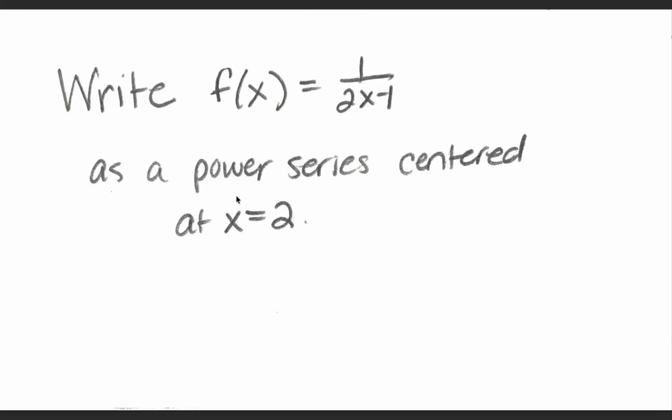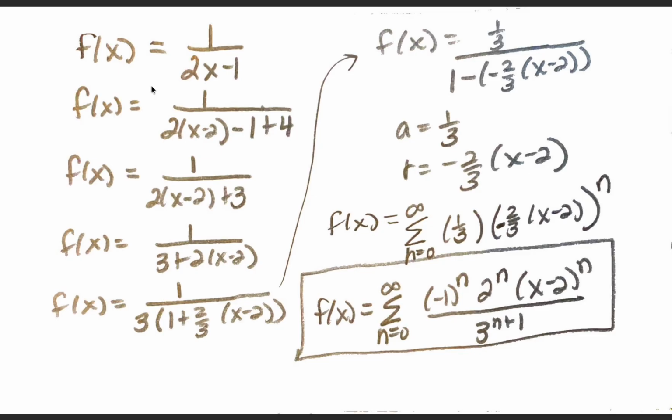Then let's take a look at this example. Write f of x equal to 1 over 2x minus 1 as a power series centered at x equal to 2. So how can we do that? Well, we are given f of x. We want to write it as a power series centered at x equal to 2.